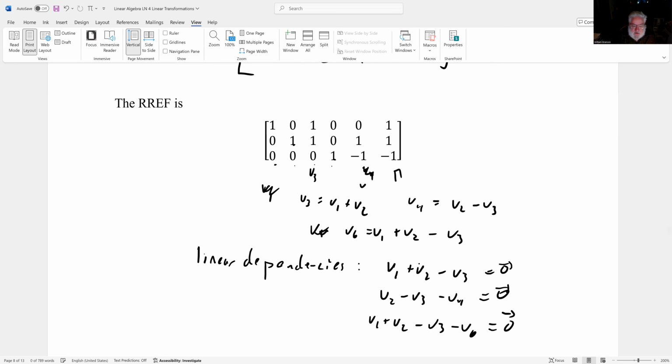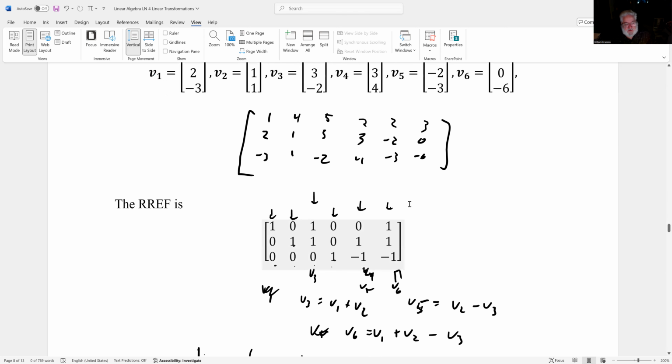This is actually V5, V6. This should be V5 here. And so literally independent vectors, that's 3 of them, and I can write the other 3 in terms of those. So those are the linear dependencies. It's the same reduced row echelon form as above.